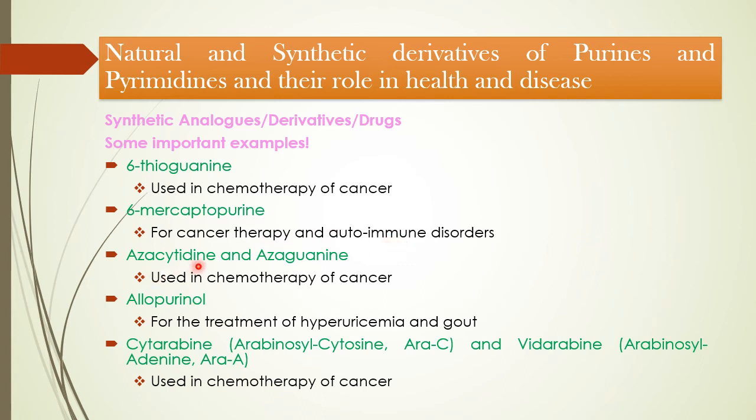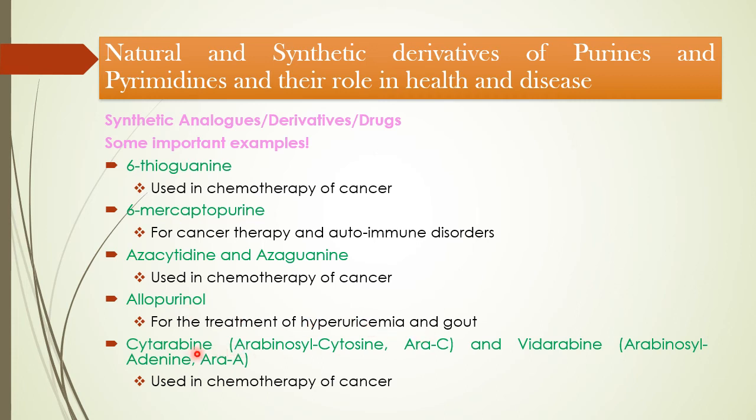Then azacitidine and azaguanine. Azacitidine is obtained from cytidine by adding nitrogens to it, and azaguanine is a synthetic analog of purine in which nitrogen is added. So these are widely used again for treating many types of cancer. Then we have allopurinol, which is a synthetic analog of hypoxanthine, and this is used for the treatment of hyperuricemia and gout.